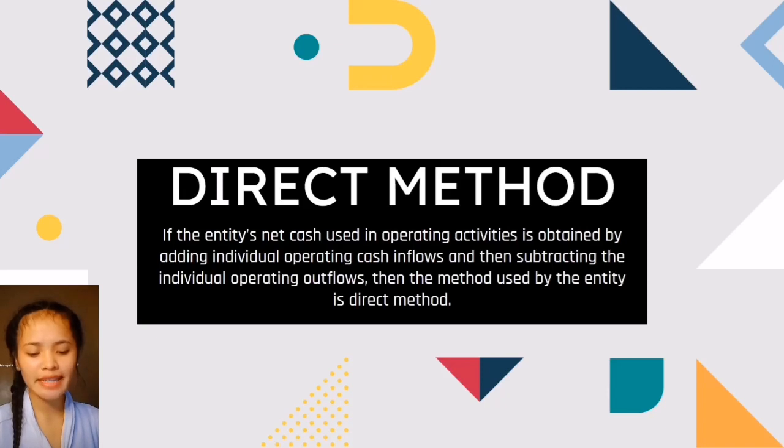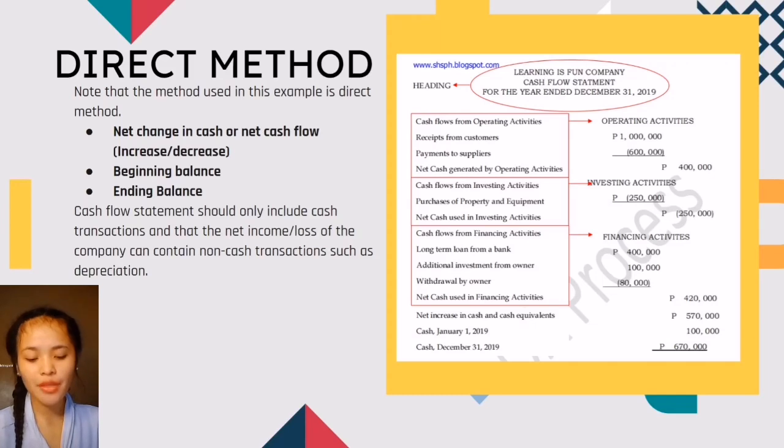If the entity's net cash used in operating activities is obtained by adding individual operating cash inflows and then subtracting the individual operating cash outflows, then the method used by the entity is direct method. Note that the method used in this example is direct method.